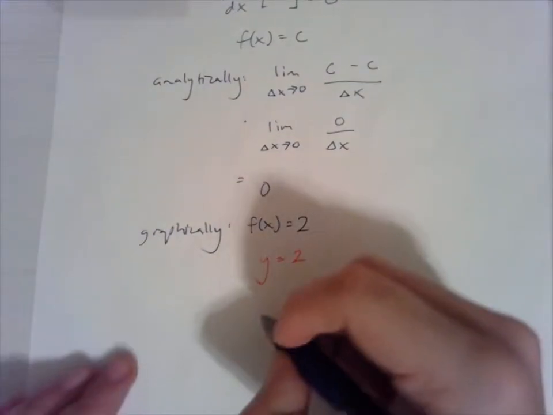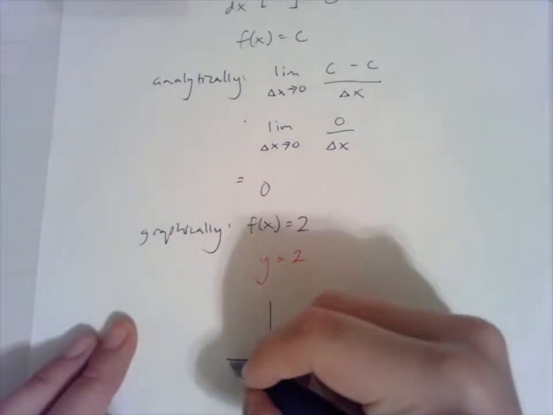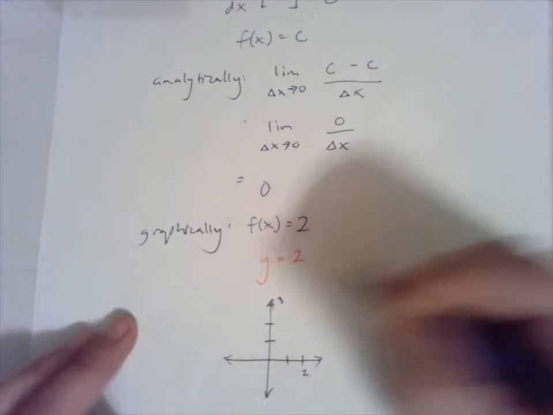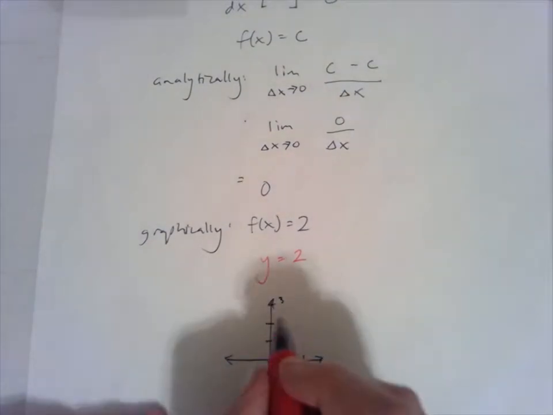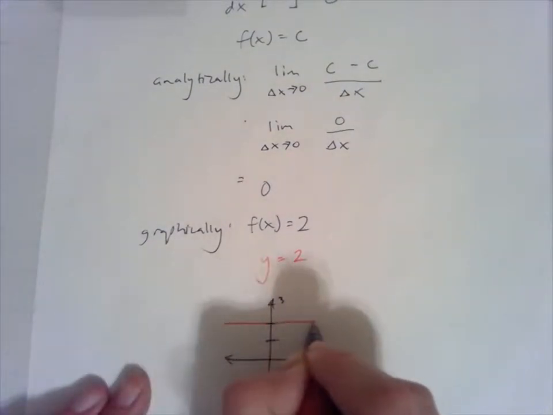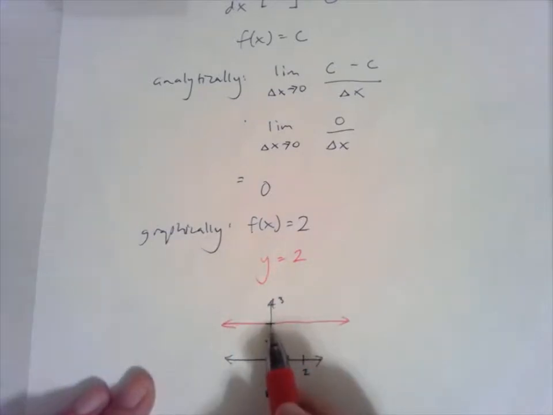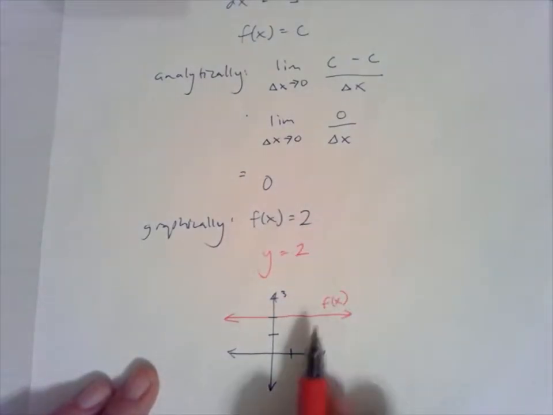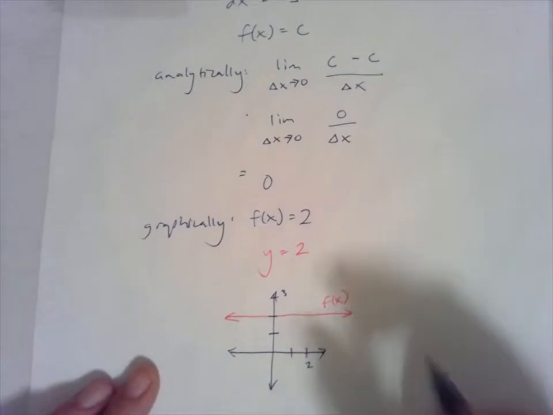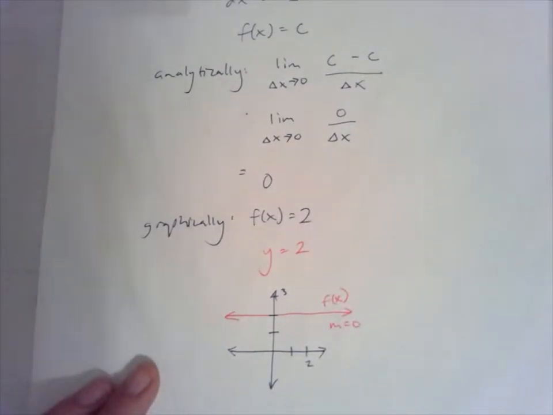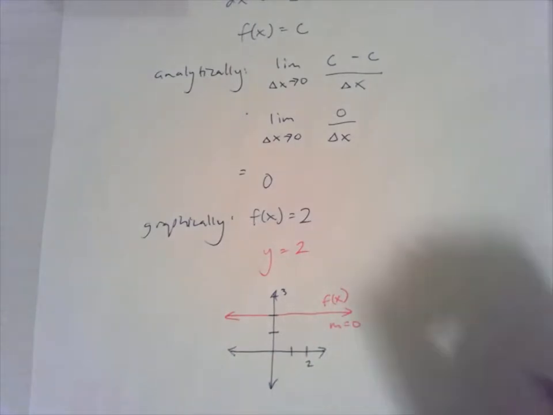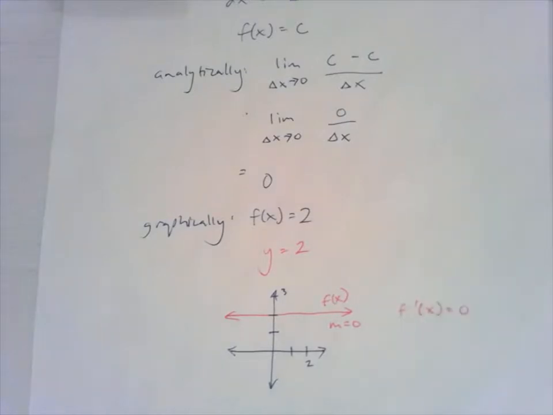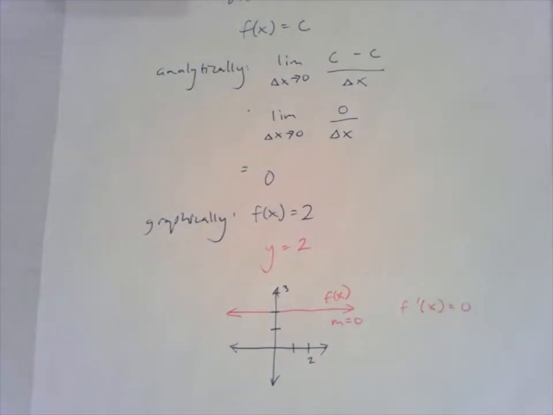On a coordinate plane, if we wanted to graph y equals 2, we would just draw a perfectly horizontal line through 2 on the y-axis, and we know that for a horizontal line, the slope is just 0. So that's why it makes sense that our slope here, f prime of x, would equal 0.